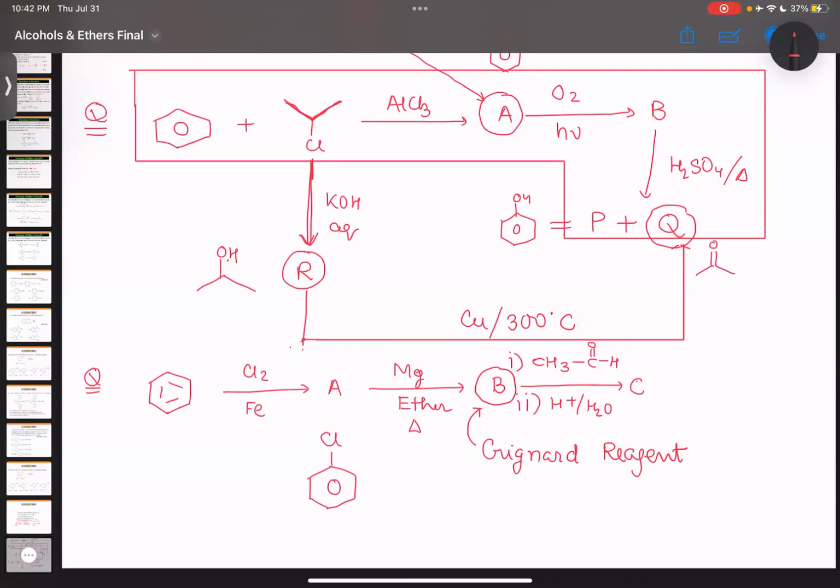So PhMgCl, right? Here Mg is positive and Ph is negative, because metals are electropositive, that we know.